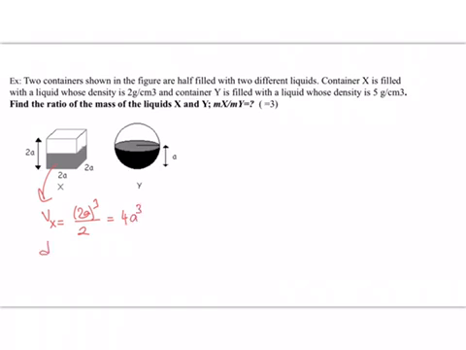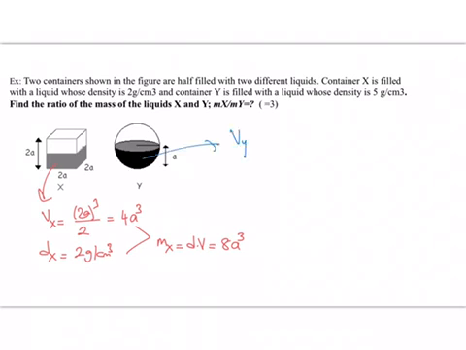The density of liquid X is equal to 2 gram per centimeter cube. So the mass of X, from D times V, is 8a cube. Now let's come to the Y.